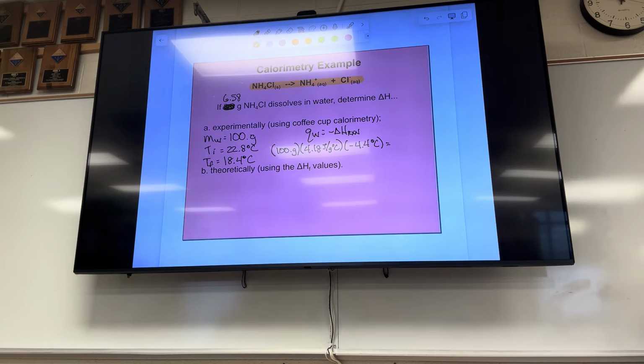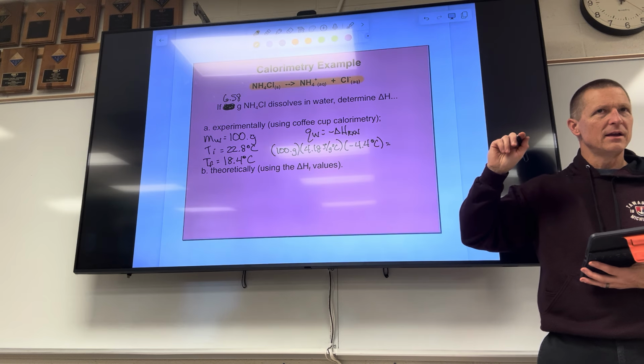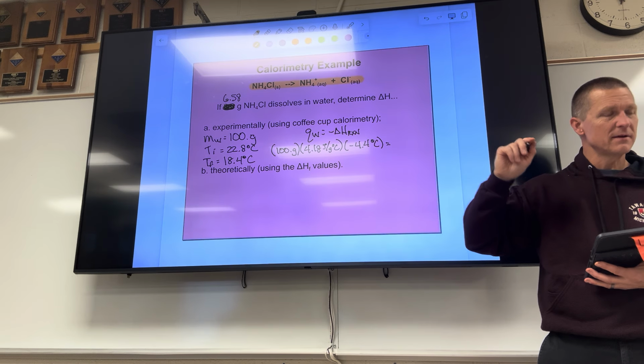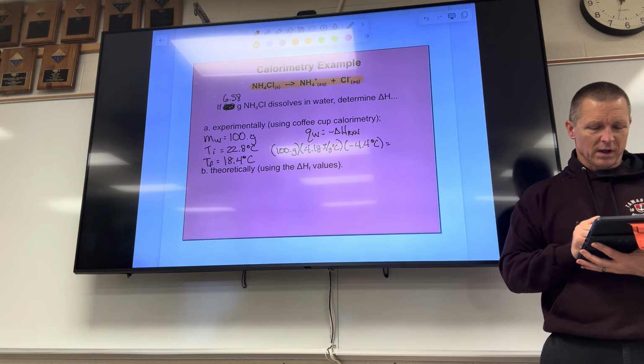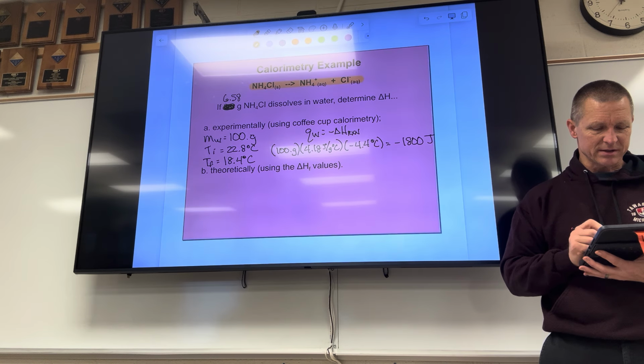Can anybody do that for me? Looks like we can only have 2 sig figs in our answer. And what do you get? 1800? Q of the water is negative 1800 to 2 sig figs joules.